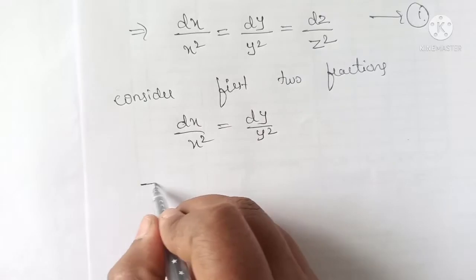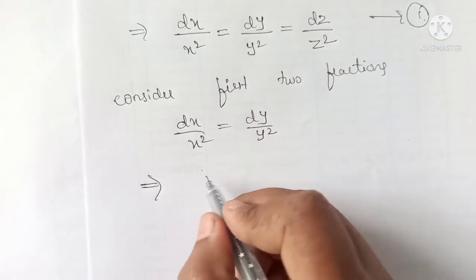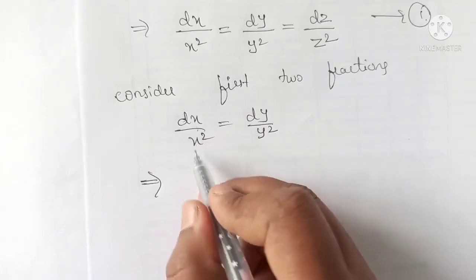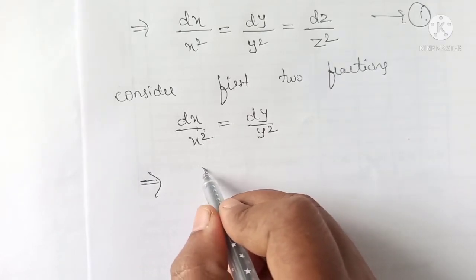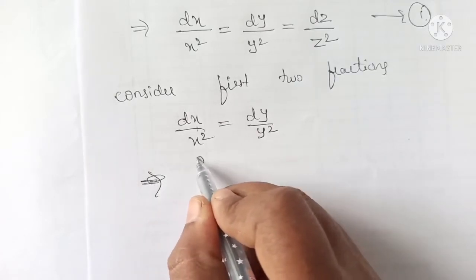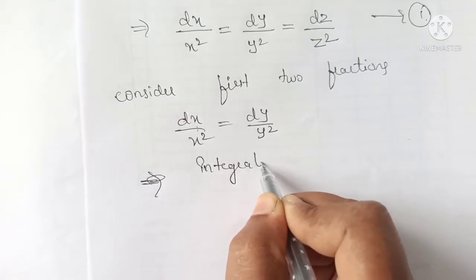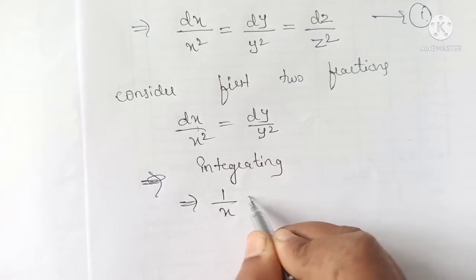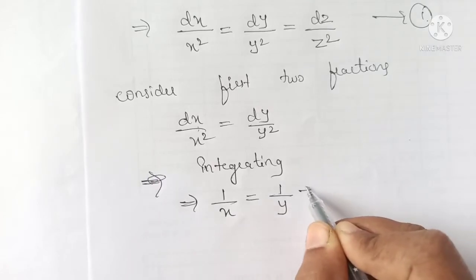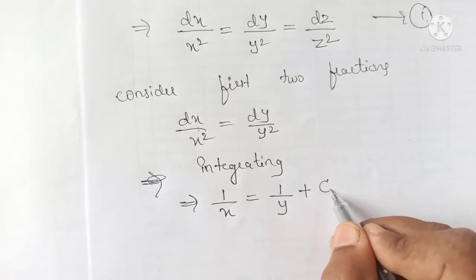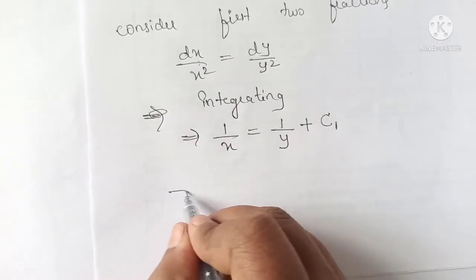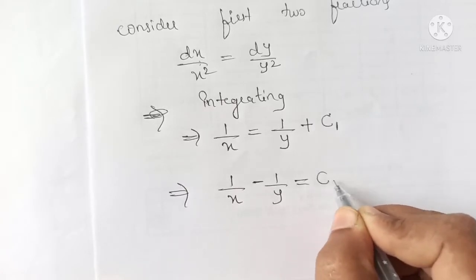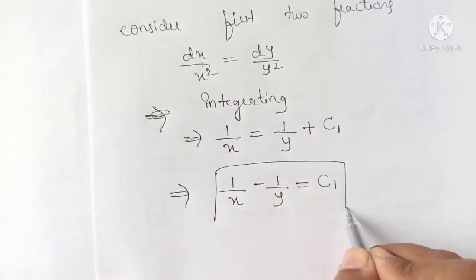Integrating, the integral of 1 by x square is 1 by x, so 1 by x equals 1 by y plus c1. That is, 1 by x minus 1 by y equals c1. This is the first set of solution.